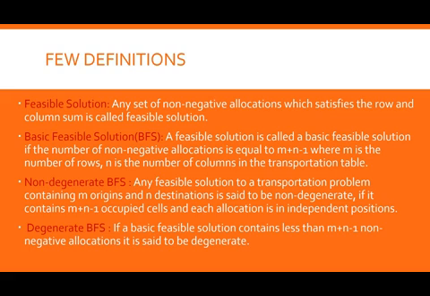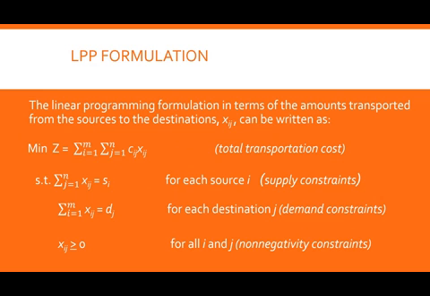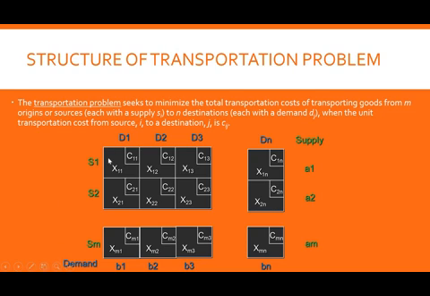See, when I say the number of allocations, it is nothing but the quantities that I have specified here. I might be transporting from S1 to D1, then I might be transporting from S2 to D2, so two allocations are done. I might not be transporting at X13, and I might be transporting through X23.